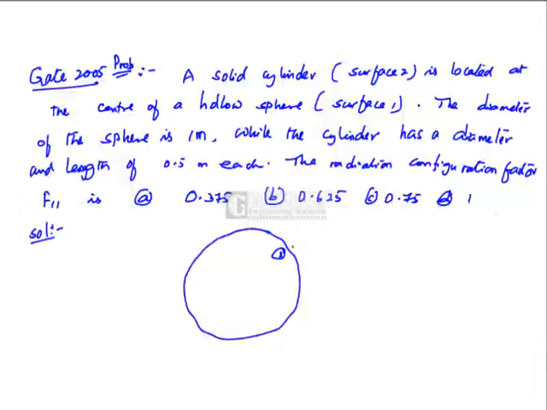sphere. The sphere is surface 1. A solid cylinder, which is surface 2, has diameter and length both equal, that is D is equal to L is equal to 0.5 meters, whereas the sphere's radius is 0.5 meters.